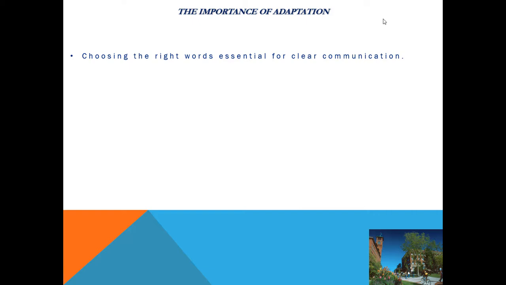We choose the right words because we need effective communication, clear communication, because we never want the method of our communication to overshadow the message. Let me say that again. We do not want the method of our communication to overshadow the message of our communication.